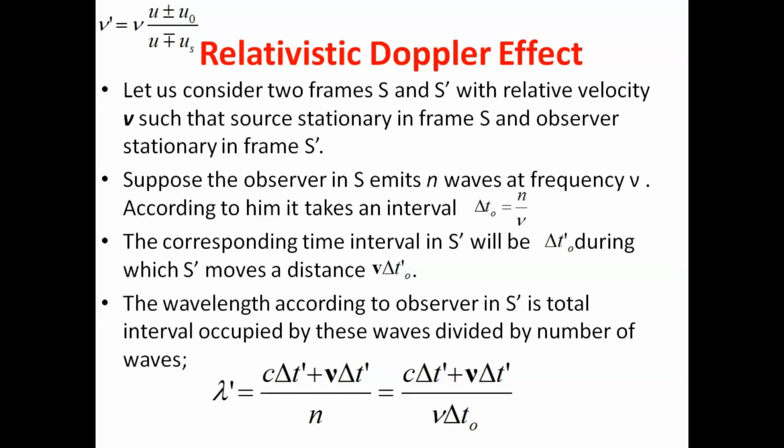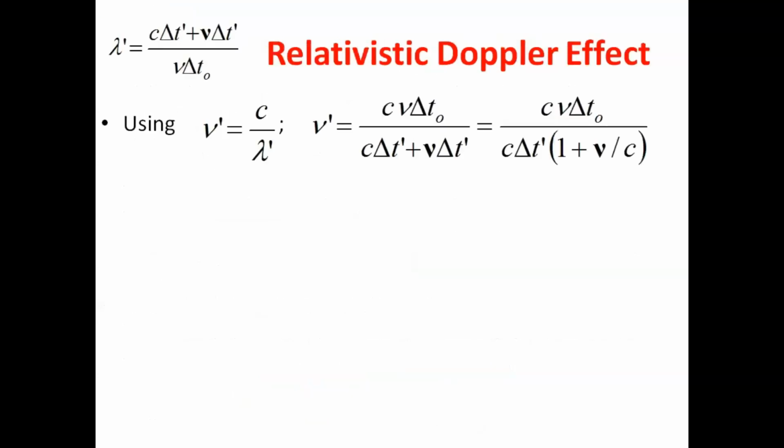Lambda dash equal to therefore (c delta t dash plus v delta t dash) divided by n. And from the formula delta t0 equal to n by nu, we can write n equal to nu times delta t0. So exploring that, we have (c delta t dash plus v delta t dash) divided by (nu delta t0). Now that equation is appearing in the recap.